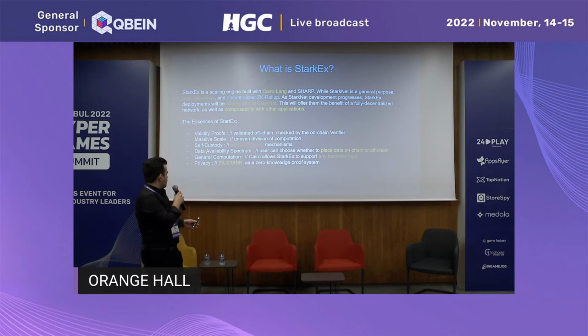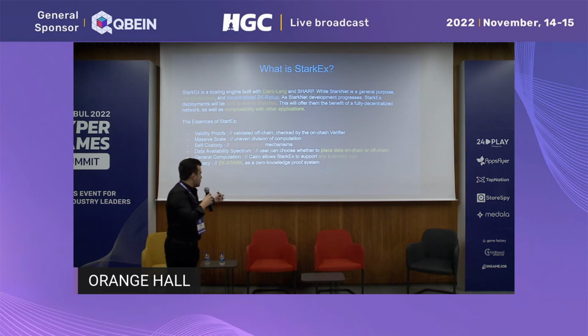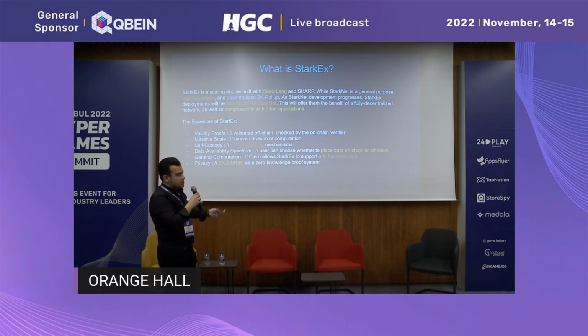There is general computation. This is the future of Cairo. Actually, Cairo allows StarkX to support any business logic. You can create your app with any business logic with Cairo. Also, privacy is provided with zk-SNARKs, which are zero-knowledge proof systems.